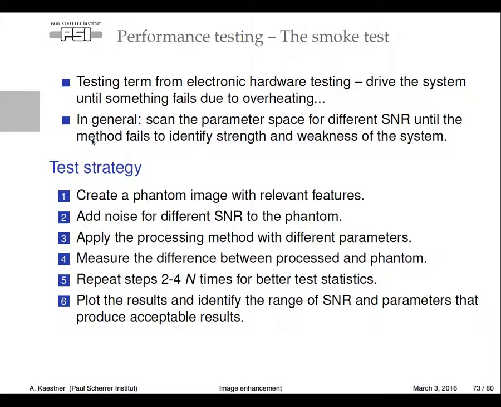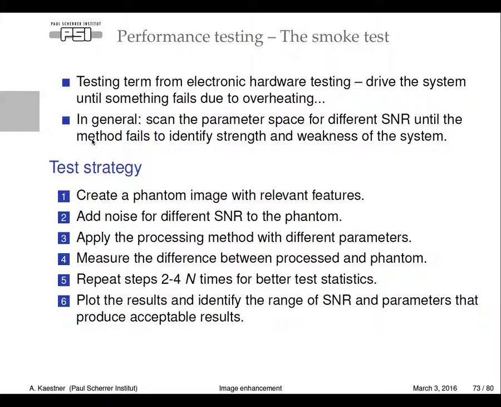Plug in different currents and see how it persists against different settings, and if something gets hot, something is wrong. It makes smoke. So, no good idea. So then you have to test it again. And it's about the same principle here. You provoke your filter or analysis method until it smokes. And that's the time where you have your breakdown point.